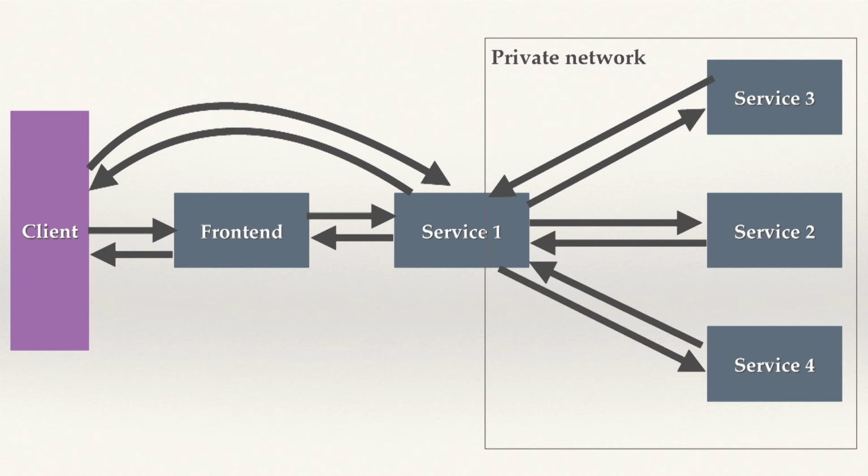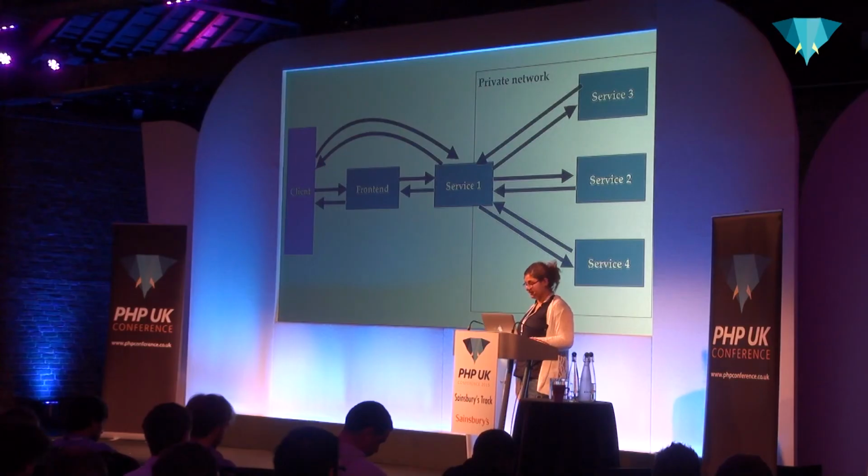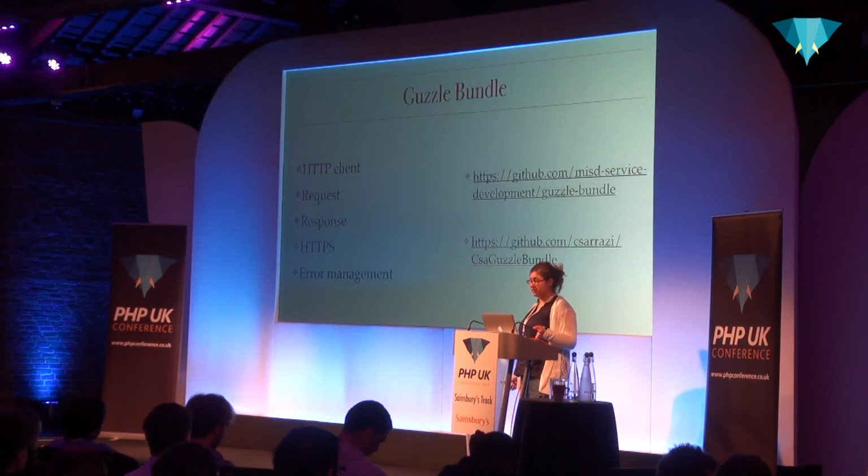You have a client asking for resources on a front end, asking for resources on the service one. The service one could ask for resources on the services 2, 3, 4, and so on. And of course, your client could be directly asking for resources on the services. So to handle that, it's really easy by using Guzzle.